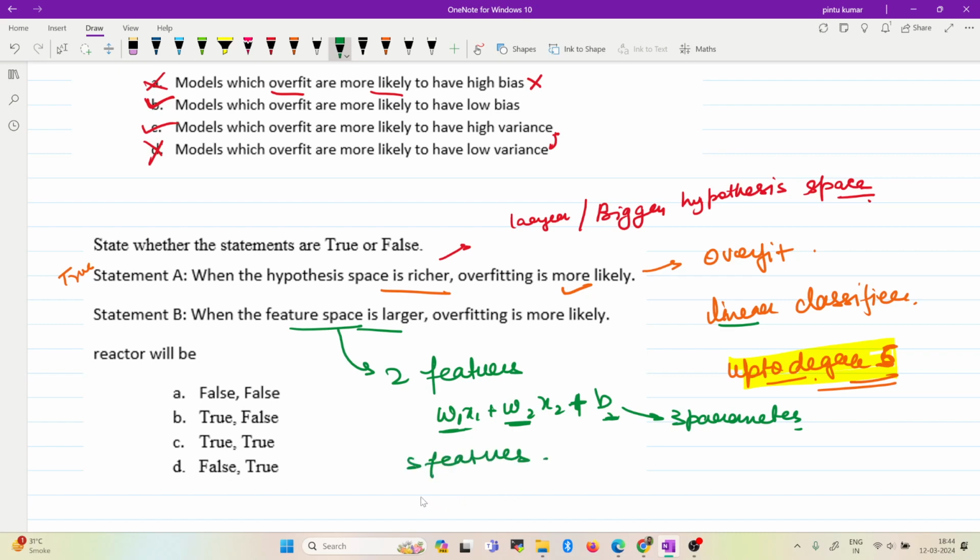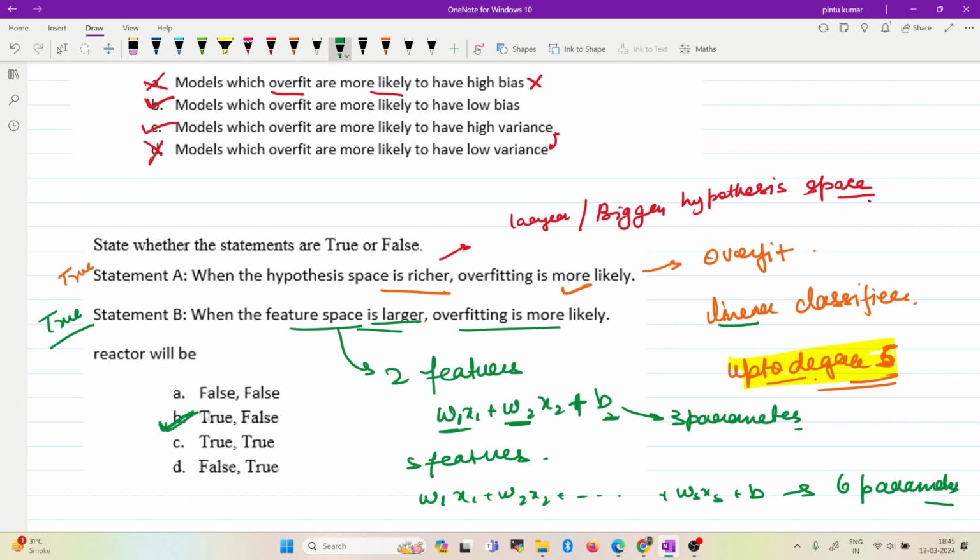Then you will have w1x1 plus w2x2 plus up to w5x5 plus b. You will have 6 parameters to learn. Because you have more parameters to learn, your hypothesis space becomes richer, or larger. So if you have a larger feature space, then also you are more likely to overfit. So this statement is also true. So option B is correct here. Both of these statements are true.